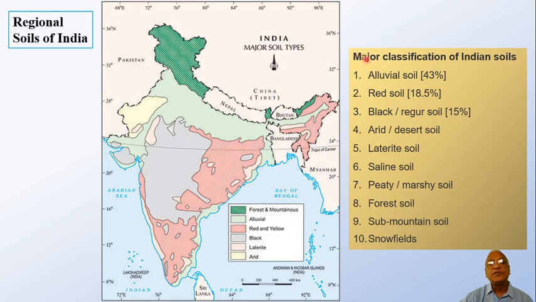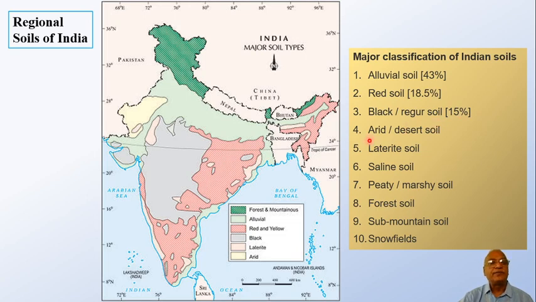So, major classification of Indian soils, if you try to list out: the first one, alluvial soils, which cover around 43% of the area. Next come red soils, covering around 18.5% of the area. The third one is black cotton soil, or black or regur soils, which is around 15%.